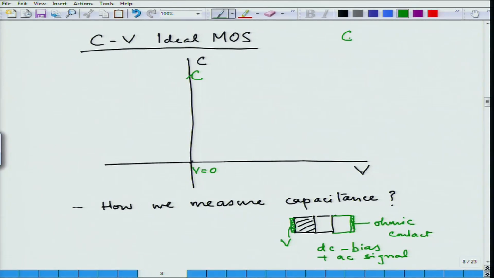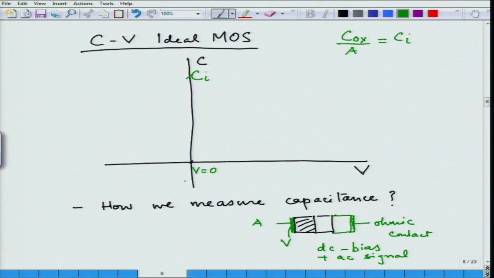Normally, rather than writing the capacitance of the oxide, we use the capacitance of the oxide divided by the area of the capacitor, which is the area of the contact, and this we will call the capacitance per unit area of the insulator. So, in the flat band condition the capacitance is going to be that of the oxide only.